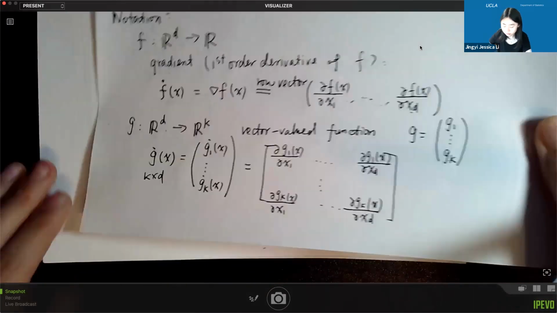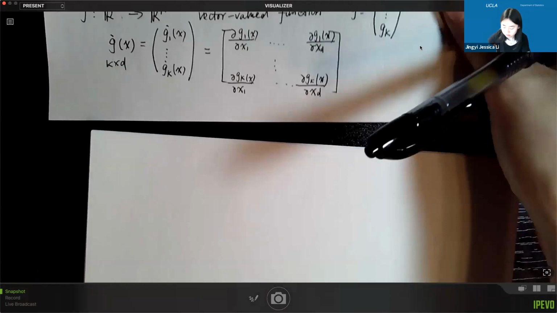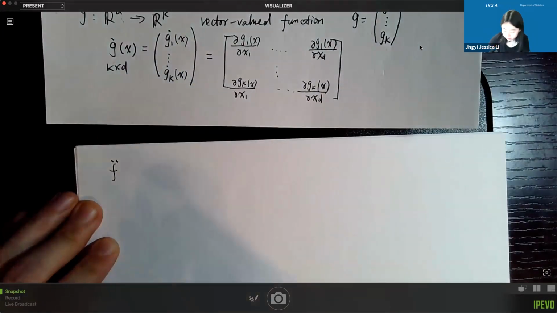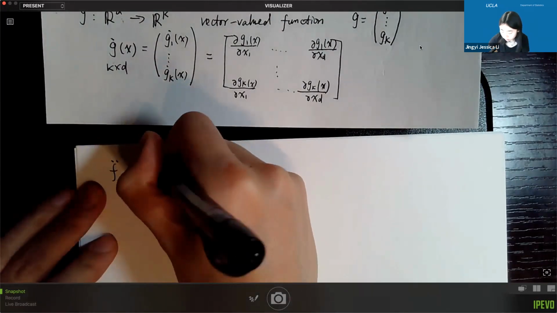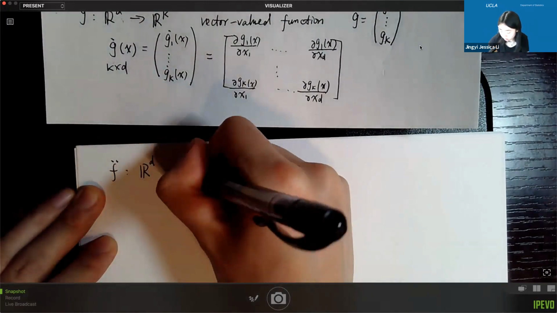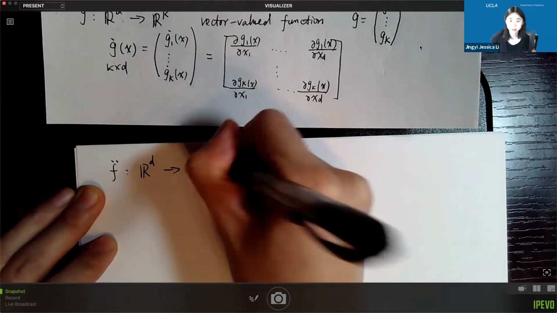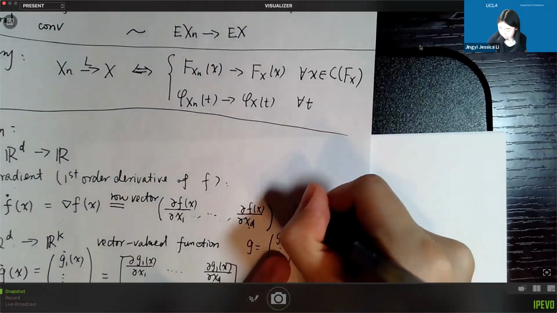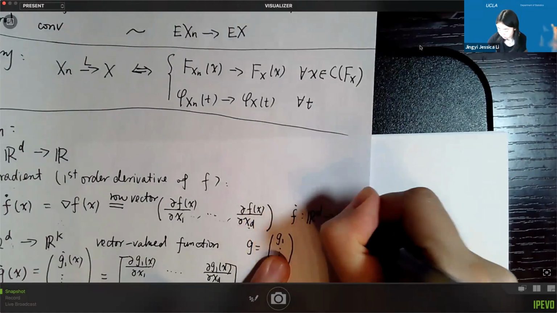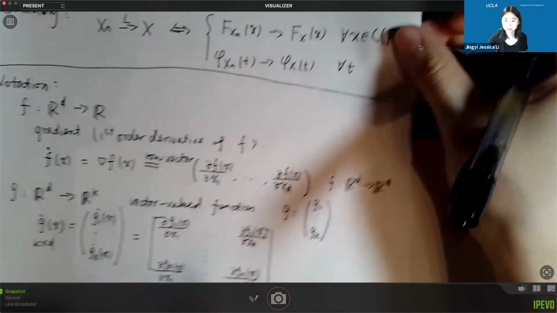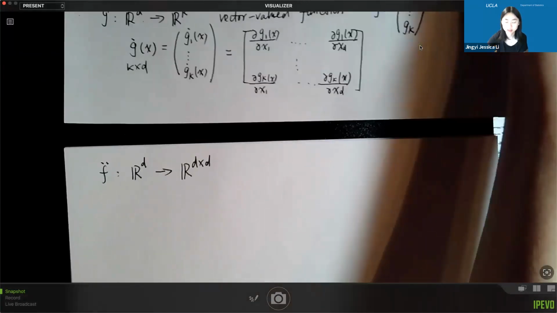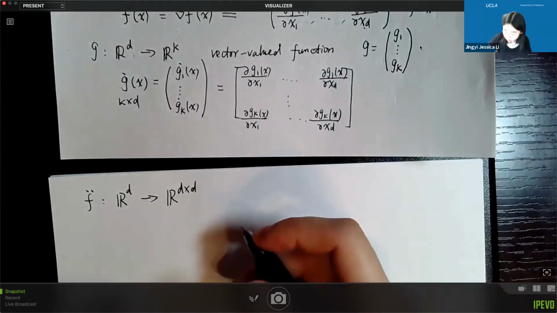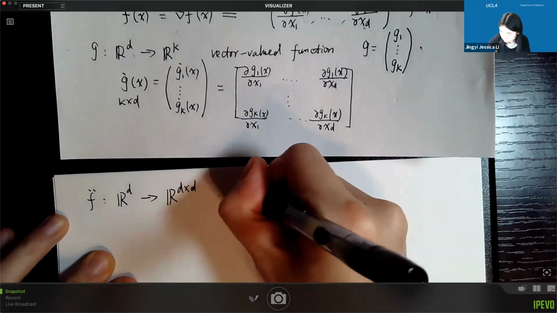So f dot dot maps from Rd to R^(d by d); it's a matrix. Here I need to write that f dot maps from Rd to Rd, a vector value, and f dot dot maps Rd to R^(d by d). That's what we call the Hessian matrix.